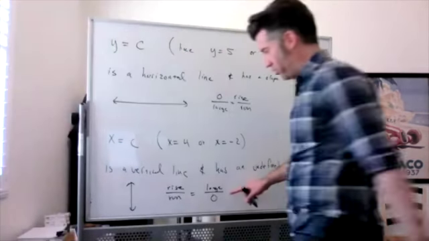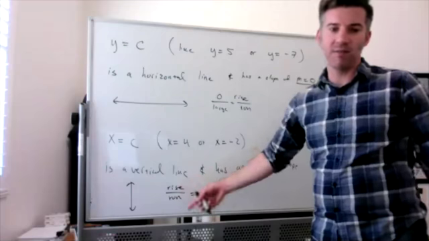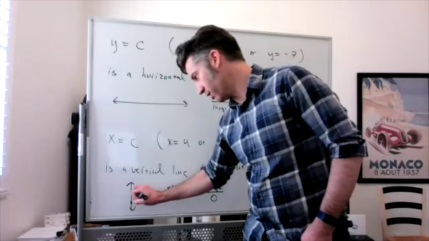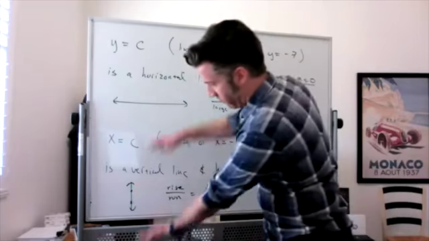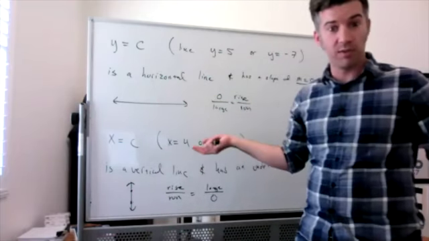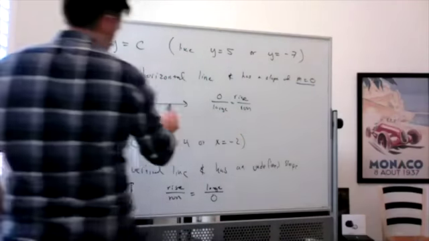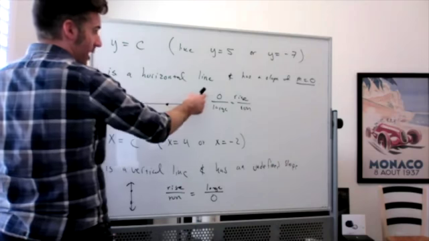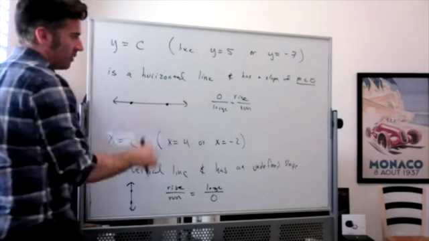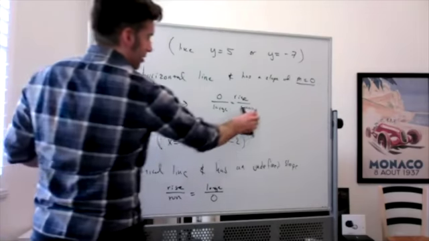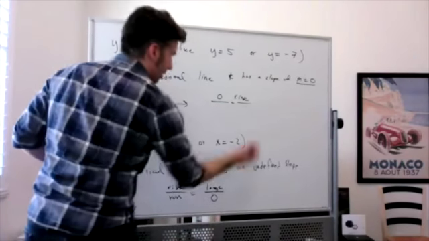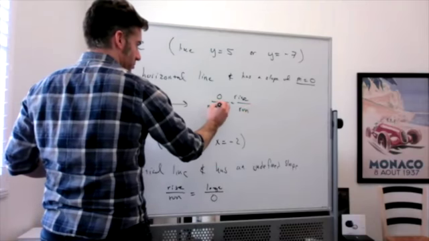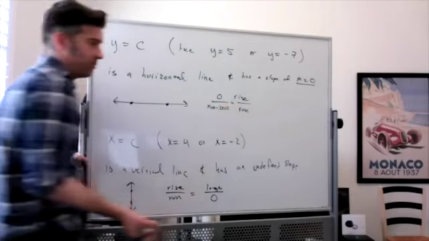It says large. The rise could be any number really. If you go from this point to this point, it could be super far. If you're finding the slope between two points, no matter what two points I pick on this horizontal line, the rise will be 0. I really should say the run on the bottom. A better way to say this would be that the run is just non-zero, because that's more accurate.